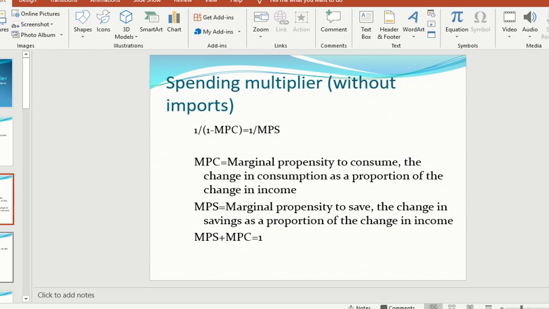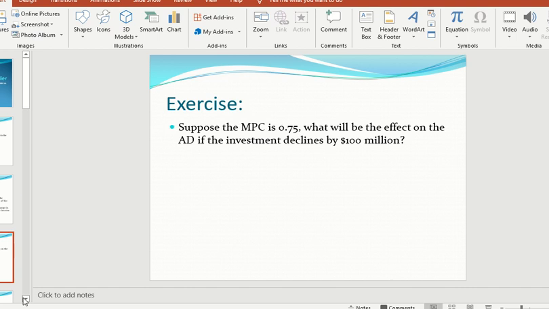Okay, a little bit of exercise. Suppose the MPC is 0.75. What will be the effect on the aggregate demand if the investment declines by $100 million? Why don't you take a few minutes? Many of you probably noticed that this is exactly what we did just now, but I still want you to make it a habit to practice solving problems.